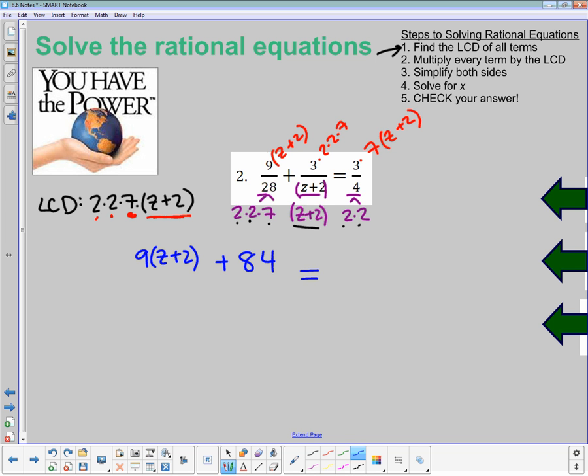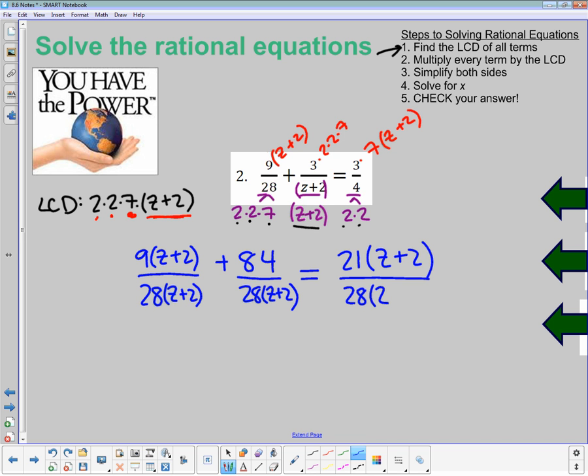And then I have 21 times z plus 2. Okay. So, the nice thing about this is that these are all over the same denominator, which is 28 times z plus 2, 28 times z plus 2, and 28 times z plus 2.